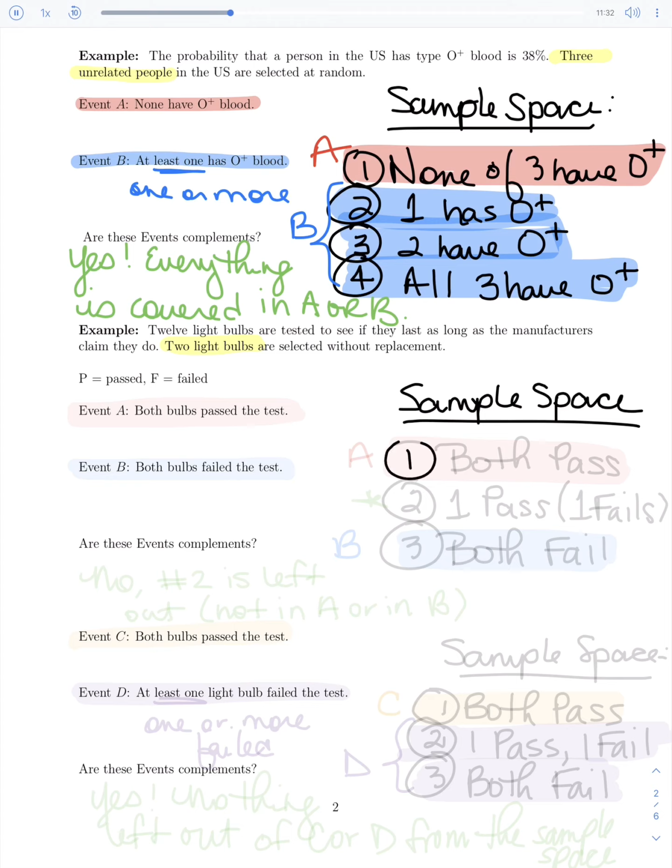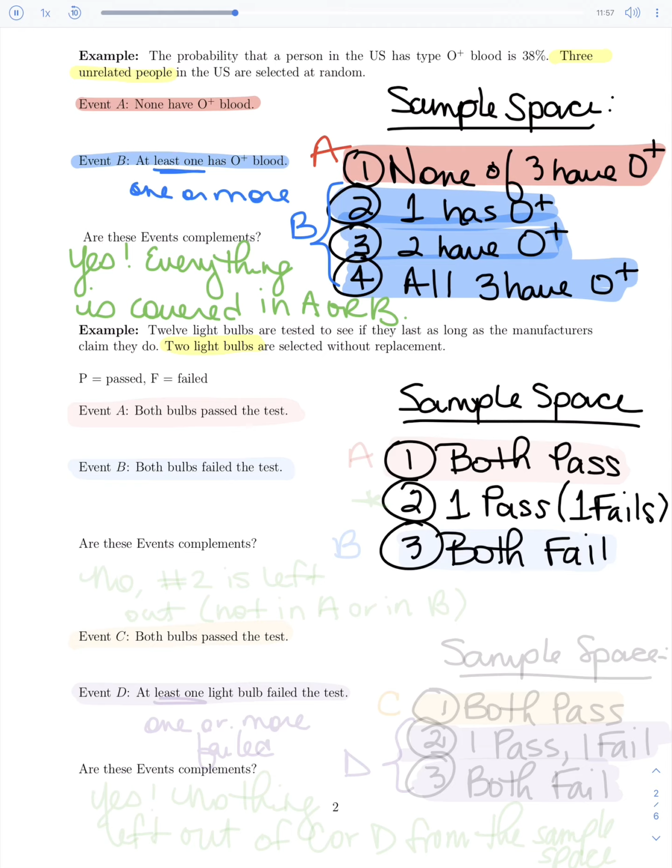So one option is that they both pass the test, whatever it is. And the next option is you could have 1 pass, but that also means that 1 fails. And last option is that both of them fail the test.